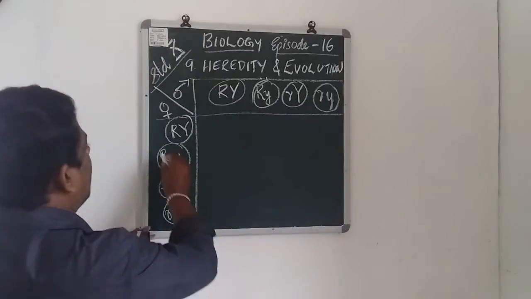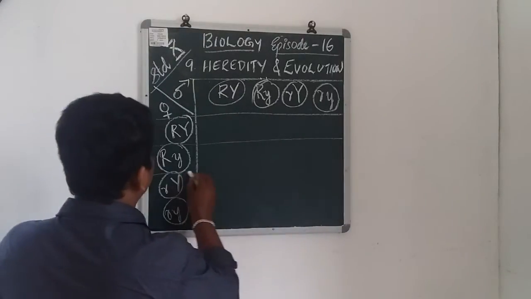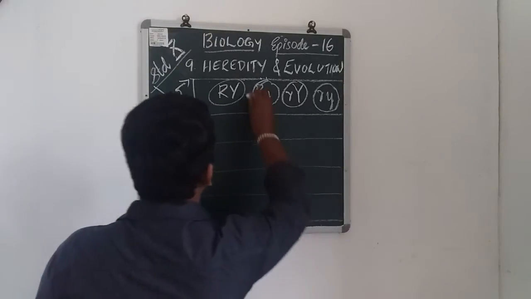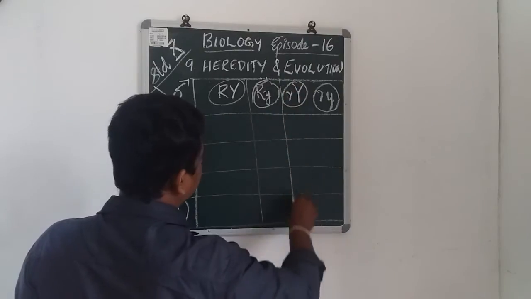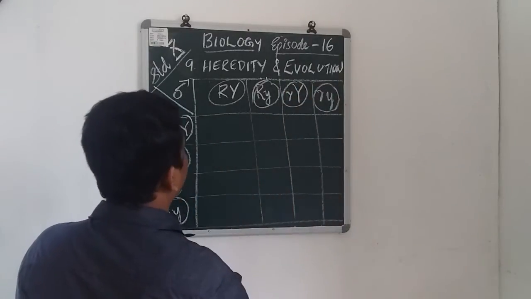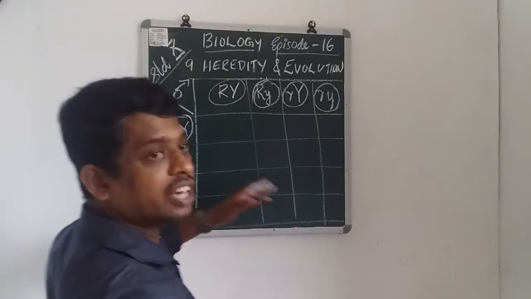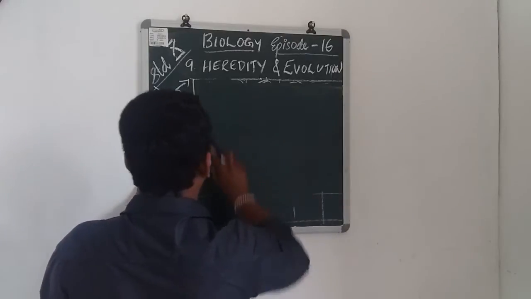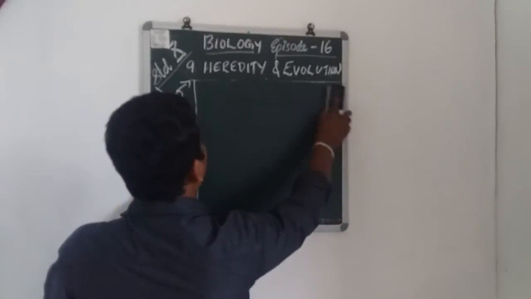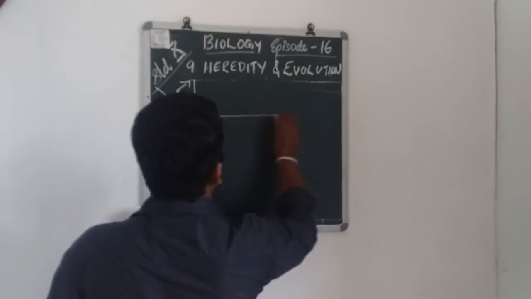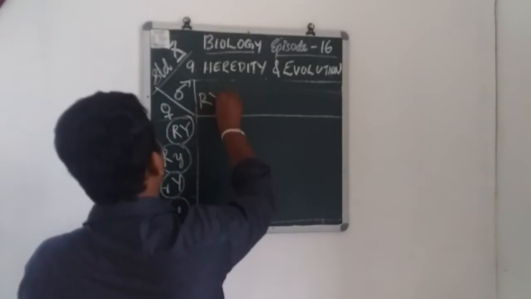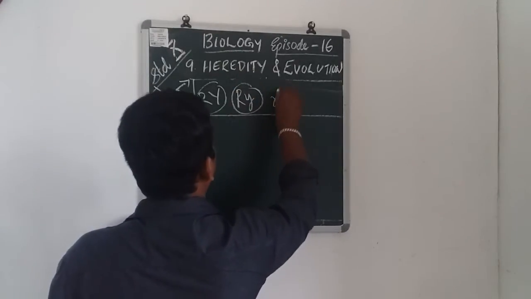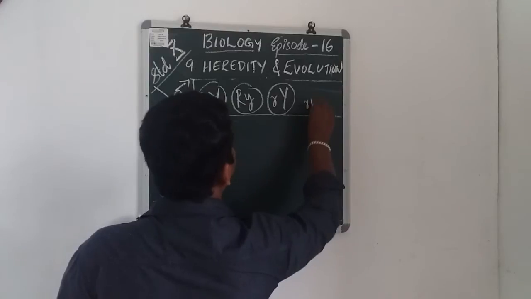And finally, we write the characteristic features within the board, that is the checkerboard. Once again, capital R capital Y, capital R small y, small r capital Y, small r small y.